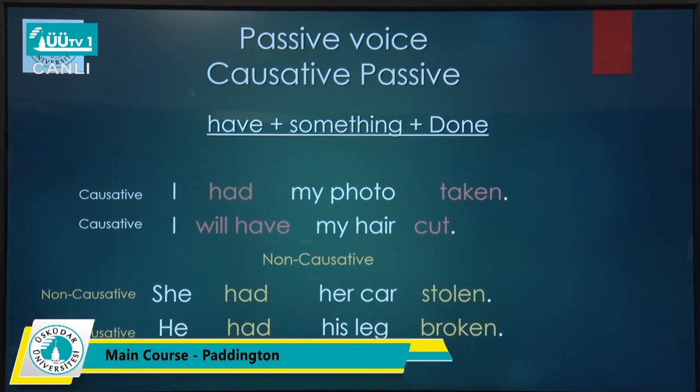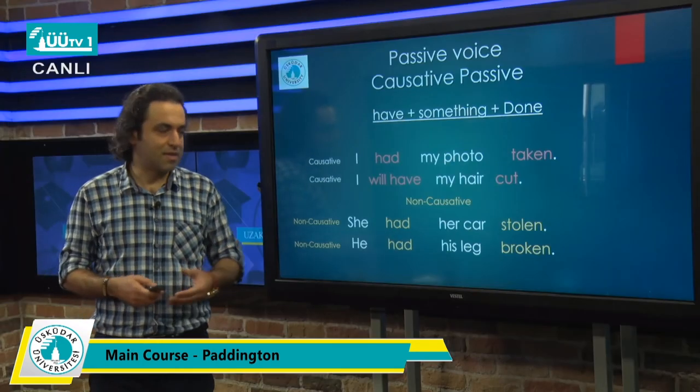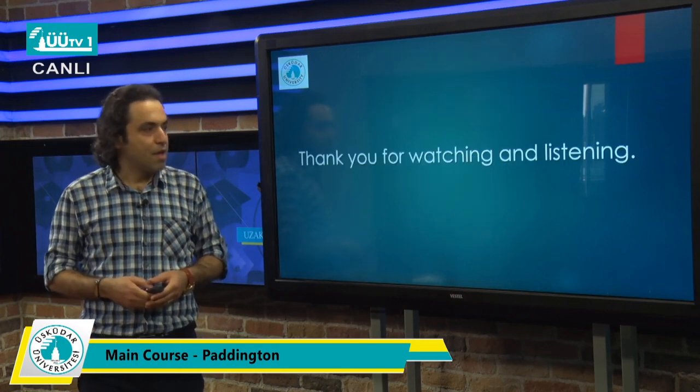So I repeat one more time. The structure for both causative and non-causative is the same. The only difference is the meaning that decides whether it is causative or non-causative. As I said, the causative one is in your book, but non-causative is not, but you can keep it as a bonus from us. Very good.